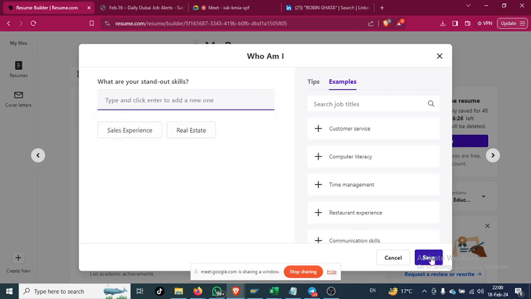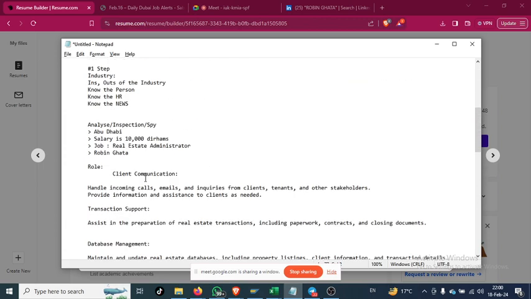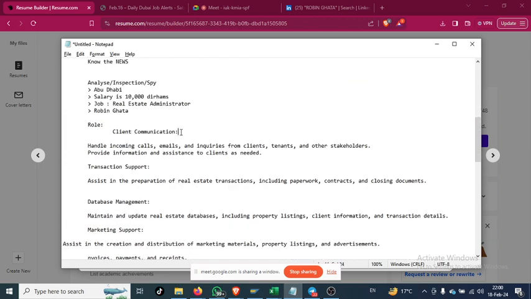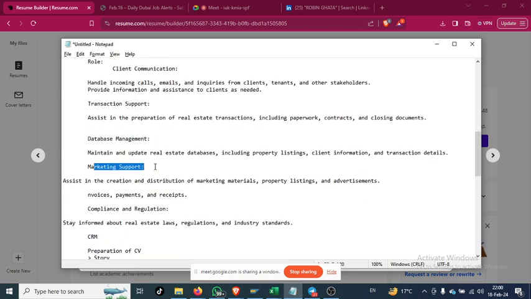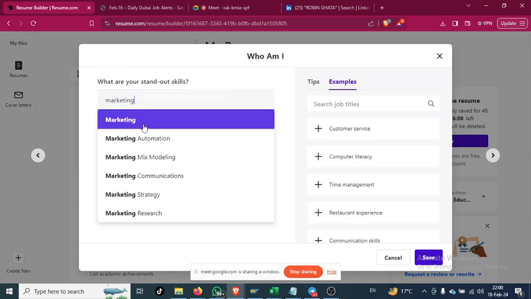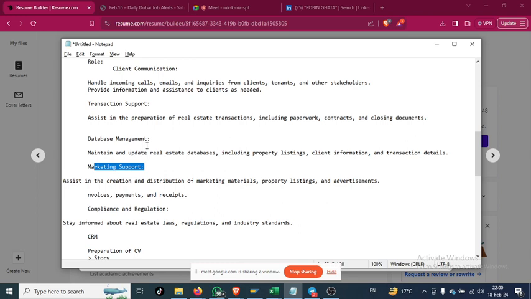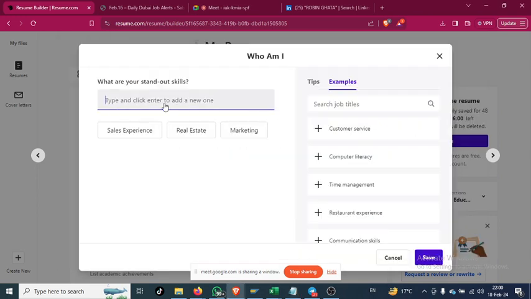Okay. And what do we have? What do we have? Client communication, transaction support, database management, marketing support. Okay. Marketing. Transaction support.